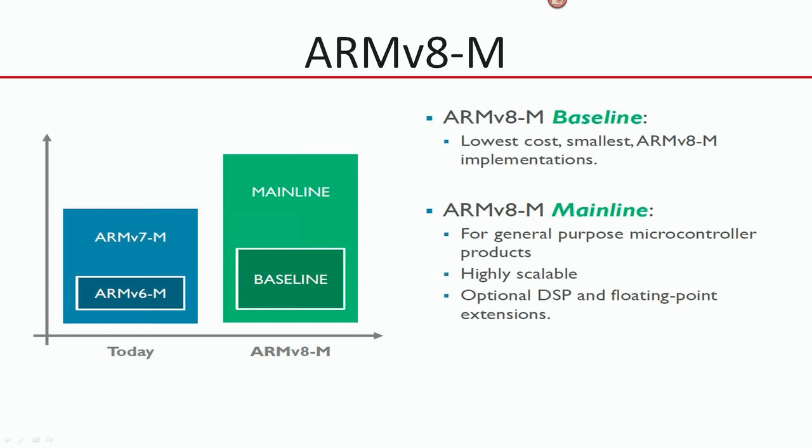The new ARM v8-M architecture will consist of a roughly similar split where we have a mainline processor. So this will be the higher performing processors, and then a subset of the baseline processors, which are smaller, lower performance cores, but still within the same architecture and the same instruction set.